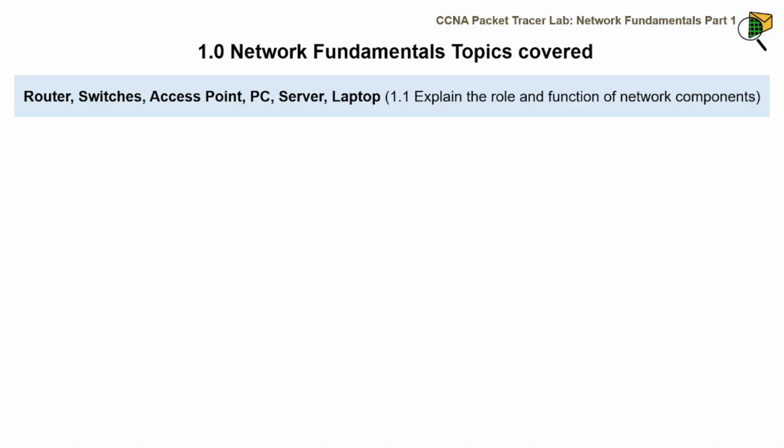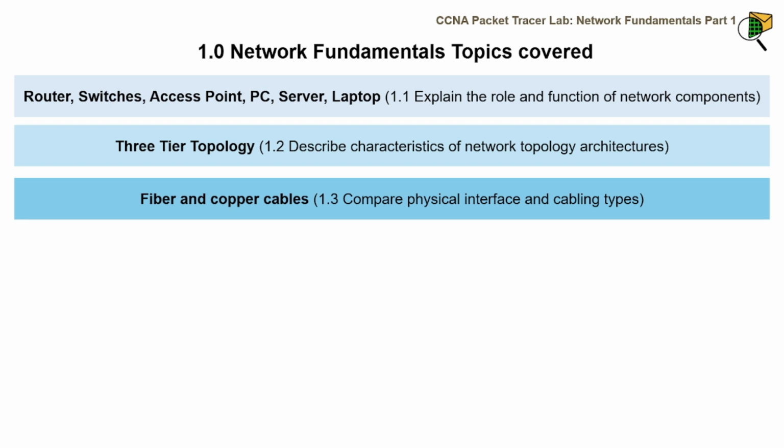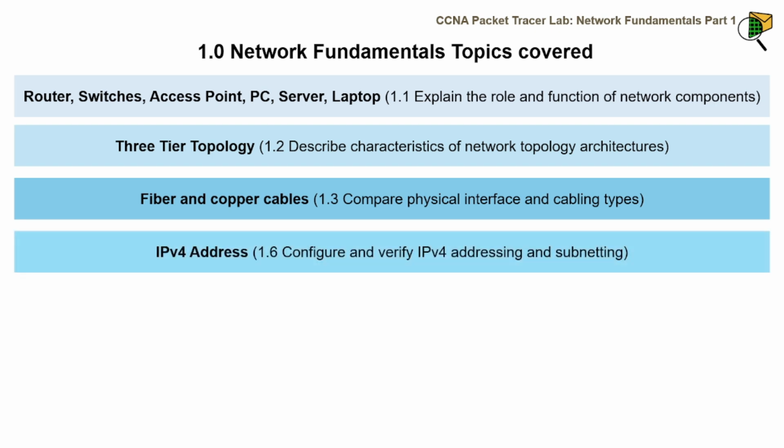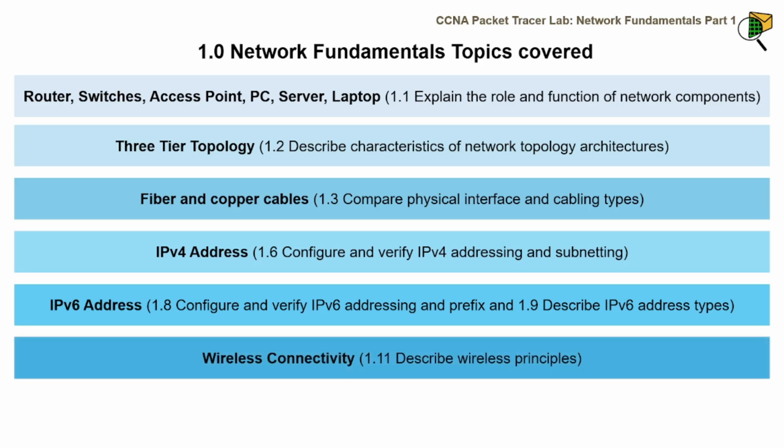And the network fundamentals topics that are covered in this home lab are router, switches, access point, PC, server, and laptop from section 1.1, 3-tier topology from section 1.2, fiber and copper cables from section 1.3, IPv4 address and subnetting from section 1.6, IPv6 address and types from sections 1.8 and 1.9, and wireless connectivity from section 1.11.